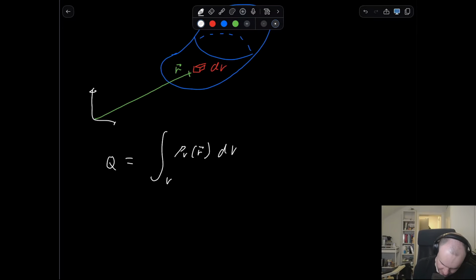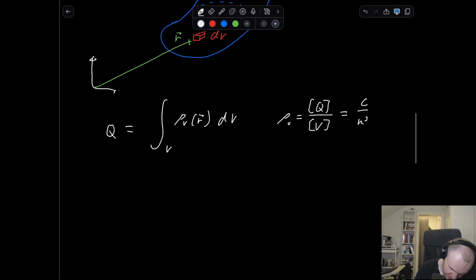You could also state that the density is just Q divided by the volume, which is coulombs over meters cubed.